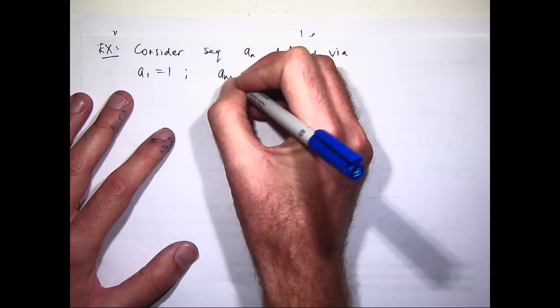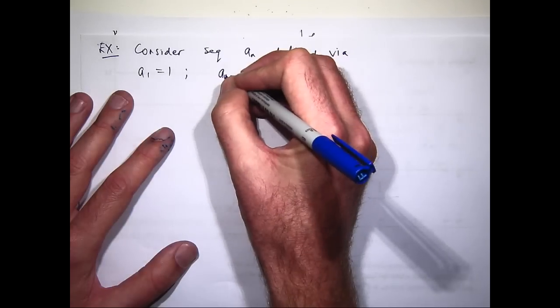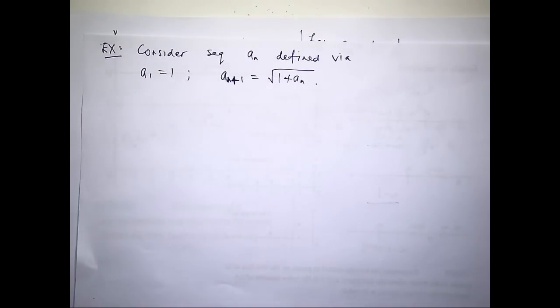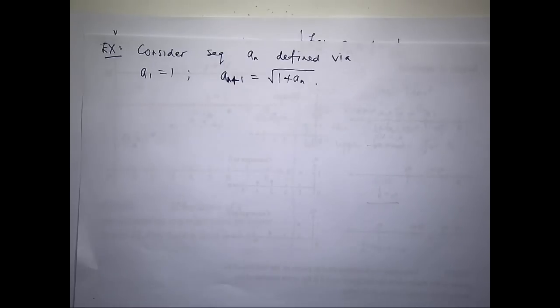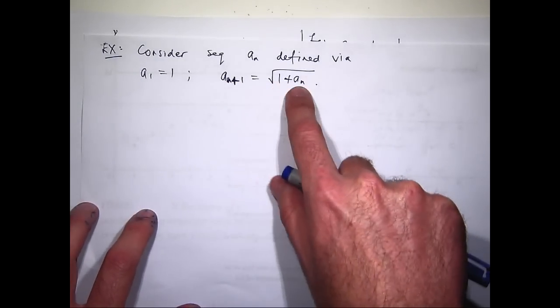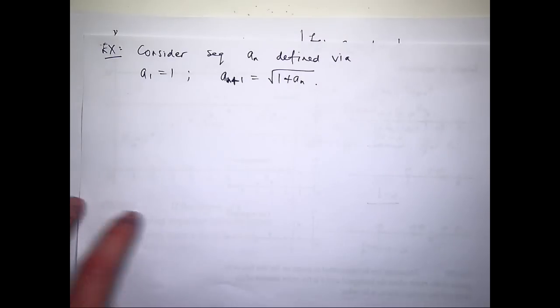This is what we refer to as a recursively defined sequence. You start with some value of the sequence, a sub 1, in this case it's 1, and then to generate a sub 2, you use this over here. So you'll put 1 into here, and a sub 2 would be root 2. Then to get a sub 3, you would put a sub 2 back into here and work that out.